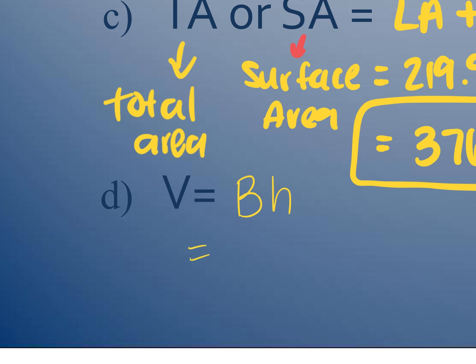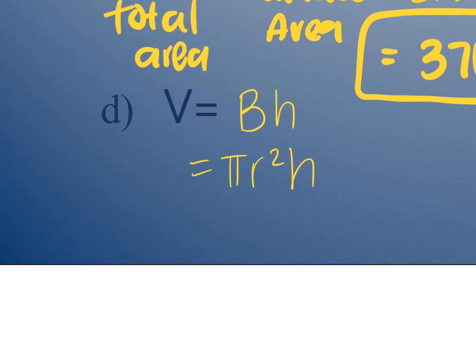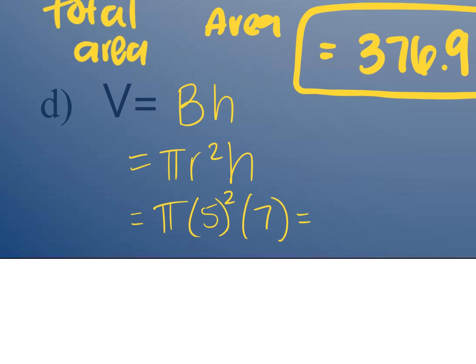A circle. So the area of a circle is pi r squared times your height. So this is going to be pi times, we replace the r with 5 because we knew our radius was 5. We square it, and we multiply it by the height, which was 7. So we're going to do pi times 25 times 7, 549.8.